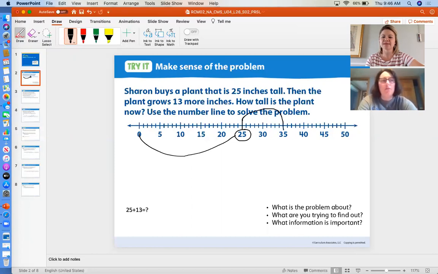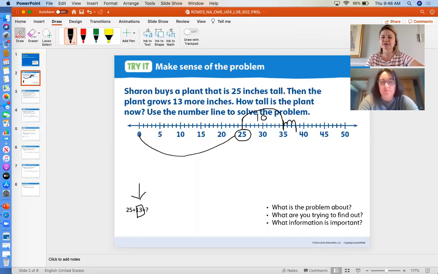How big of a hop is that? So that is 10. And then I need to go 3 more because it's 13, not just 10. So her hops have to equal this number, right, guys? Her hops have to equal the second number that we're adding. So 10, 11, 12, 13.